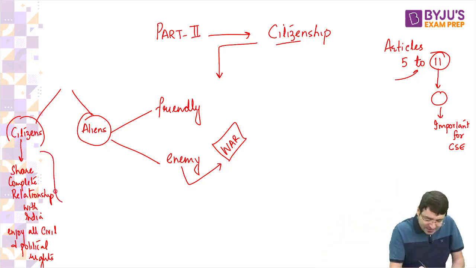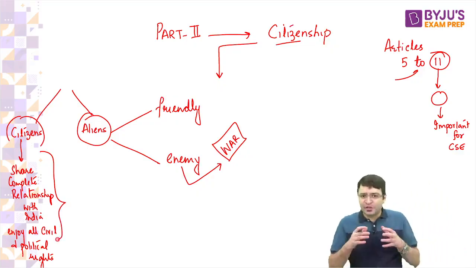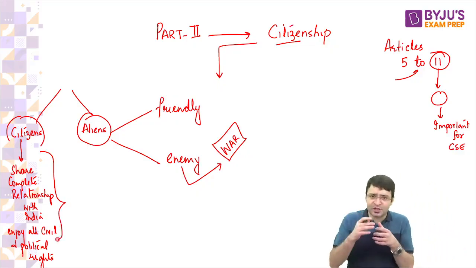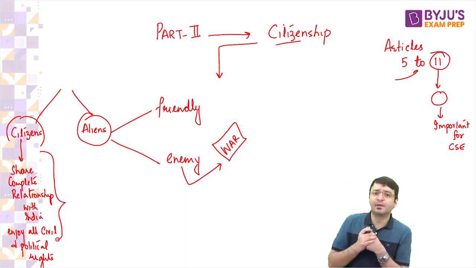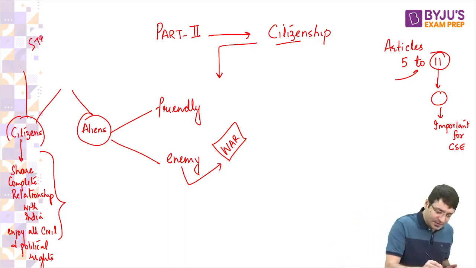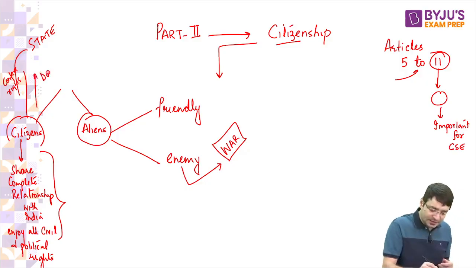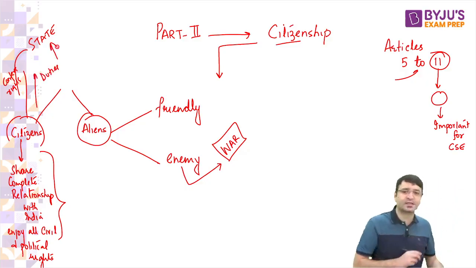But it is these citizens who share a cordial or symbiotic relationship with the Center or with the state. How? The state confers rights on citizens, and citizens in turn have duties towards the state.